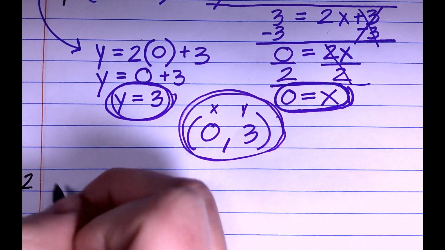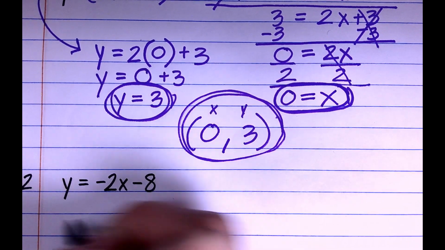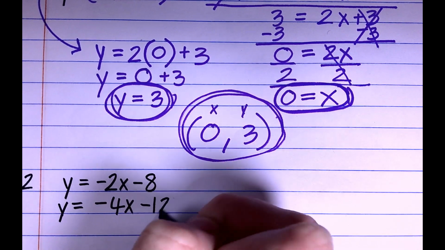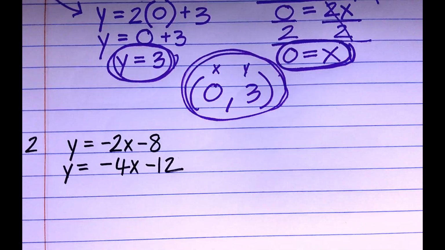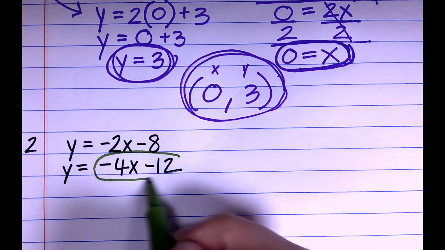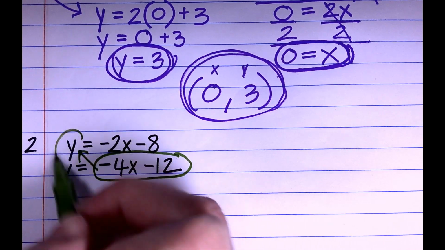Number 2, we had y equals negative 2x minus 8 and y equals negative 4x minus 12. So how do we start this one? The 4x minus 12, yep, we'll use this one, and you replacing it with that y?